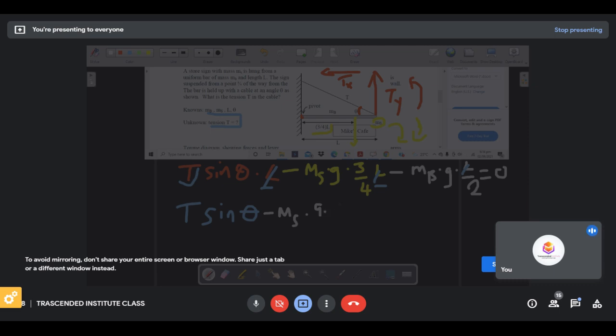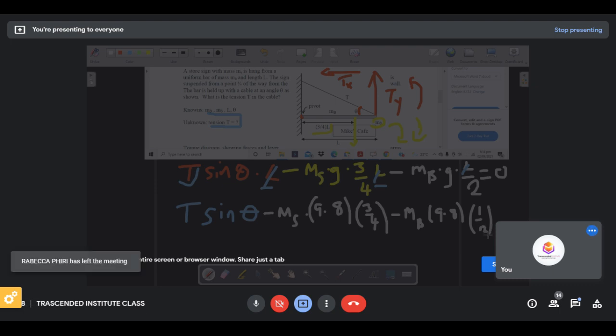We substitute the value of gravity now, multiplied by 3/4. What are we going to have? Then mb multiplied by 9.8 multiplied by 1/2.